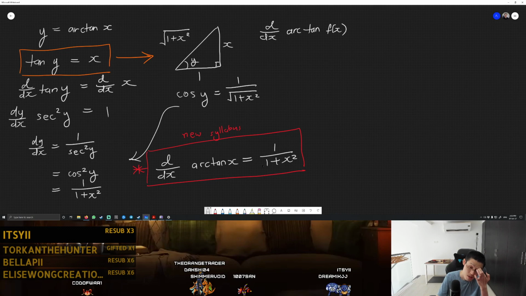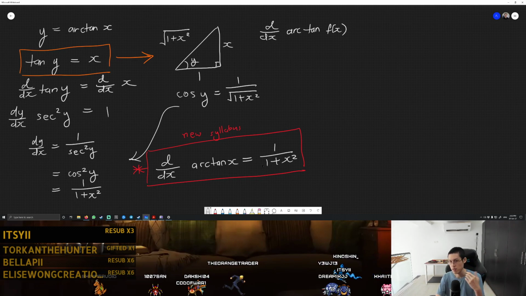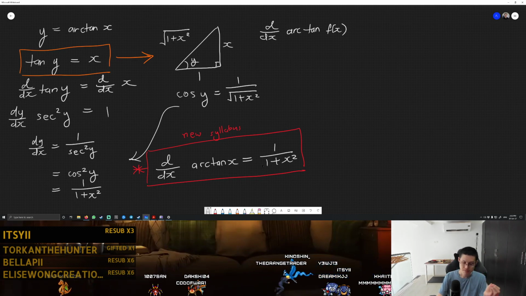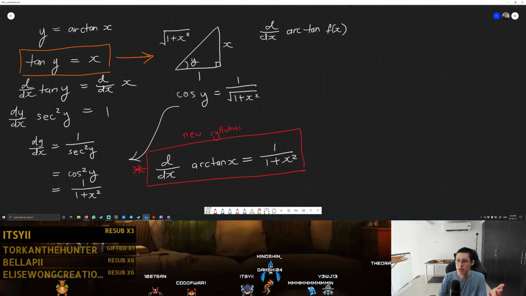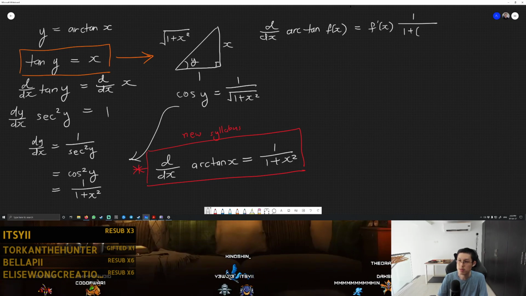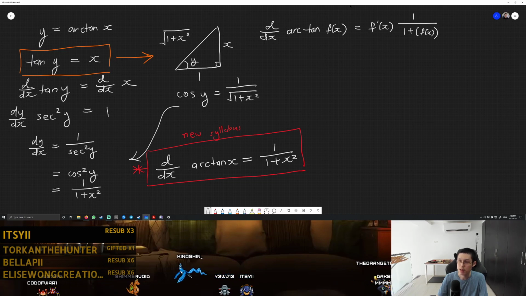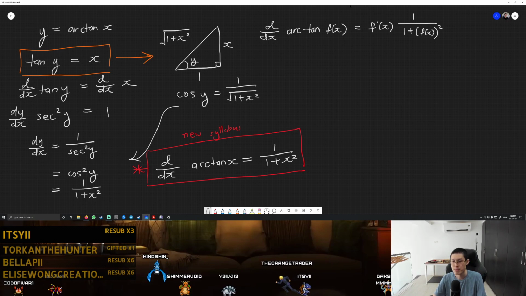Well, using the chain rule and the basic rules that we have derived much earlier last class, if you work this out, you would get f prime x times 1 over 1 plus bracket f x bracket squared. You would get something like this. Okay.